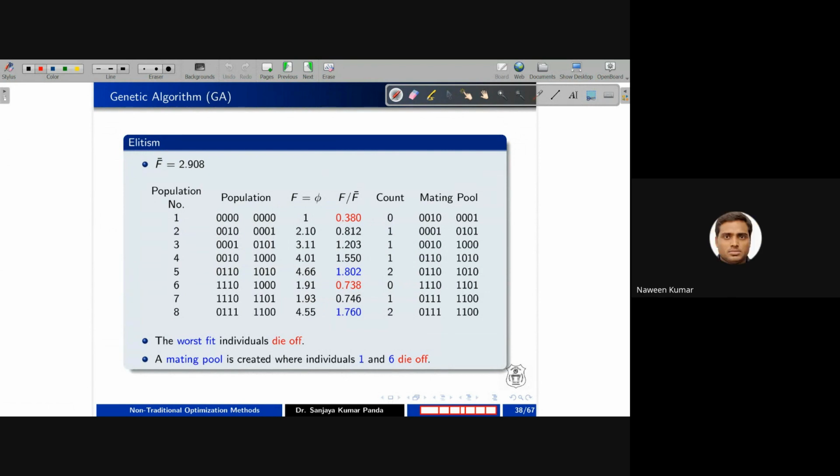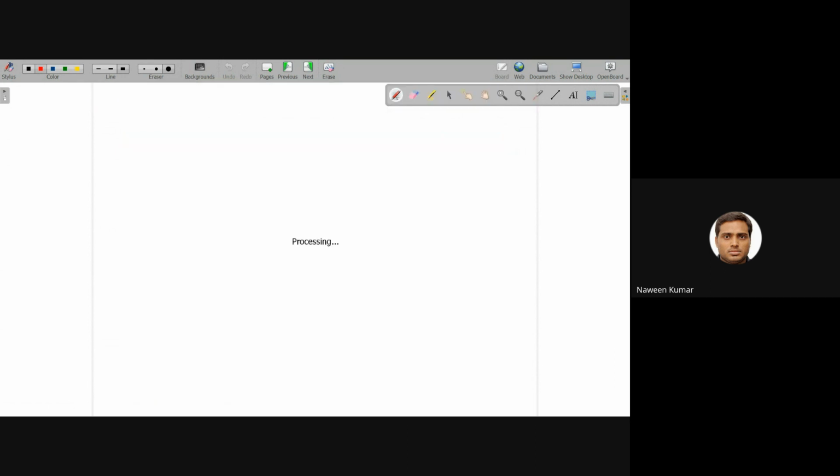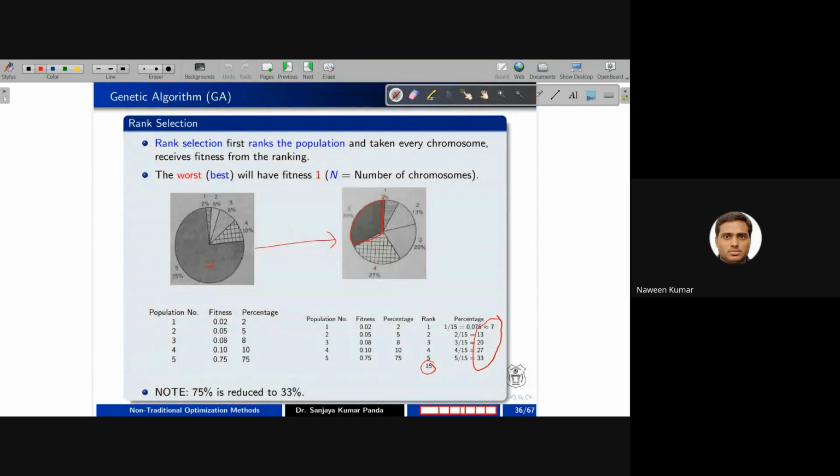Sir, sorry. Can you repeat that final result once more? Okay. What we were doing in the case of roulette wheel, approximately the similar approach we are following here also. But in comparison to that one, population 5 occupied 75% of the space, whereas in this case it is occupying only 33% of the space.